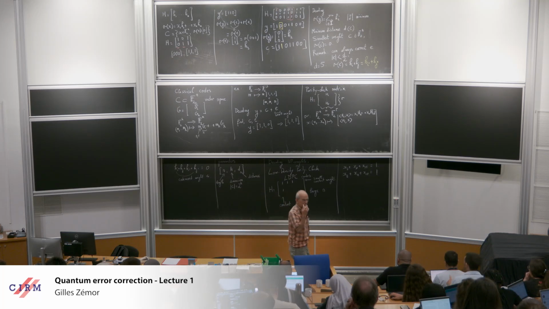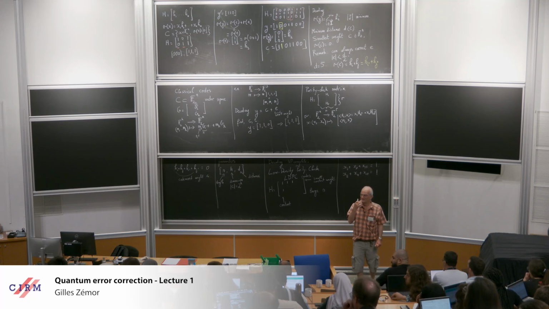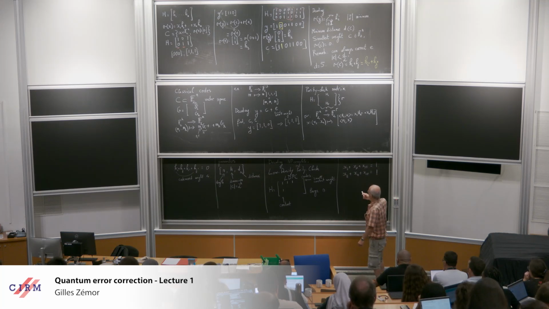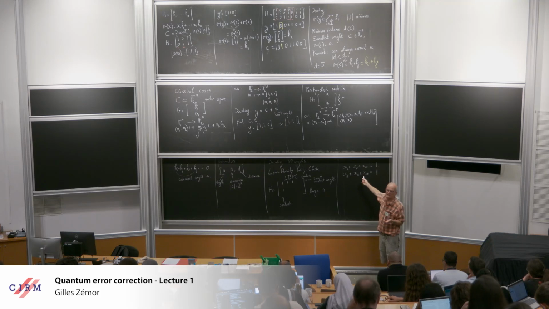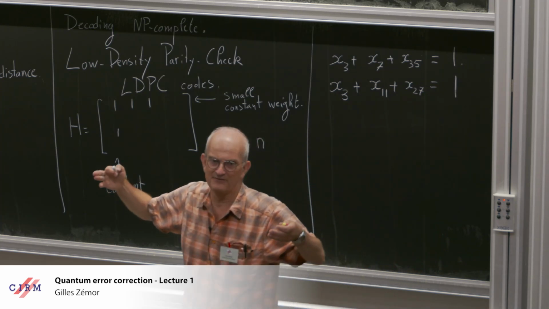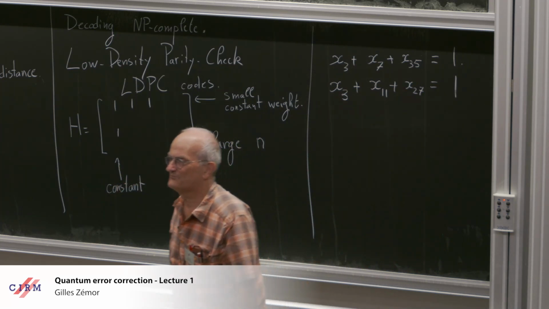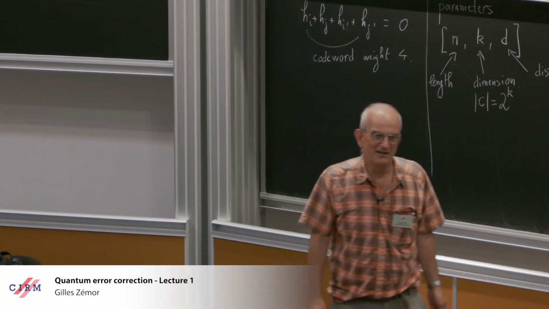Yes? And so does it mean that the problem becomes not NP complete when you have a low density parity check? No, it doesn't. So does it mean that decoding is not NP complete anymore for the subclass of LDPC codes? So, no, it doesn't really mean this.